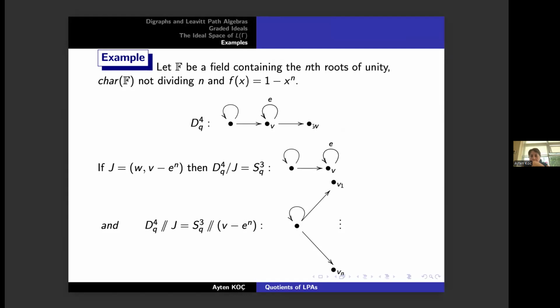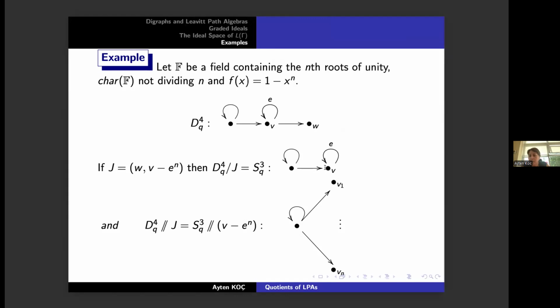What's the cycle without an exit? There is no cycle without an exit. Every cycle here has an exit. Yes. And our aim is to get Γ/J to get the cycle with no exit here.